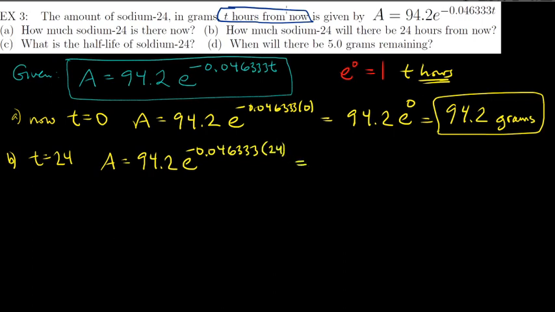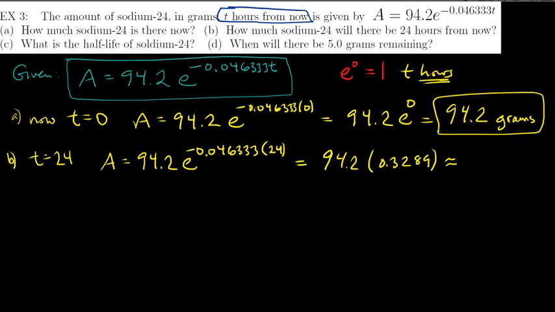And yeah, just stick this in your calculator. And you should get, well, let's see. You get 94.2 times the exponential part, which is 0.3289. So when you multiply by 94.2, you should get 30.98.